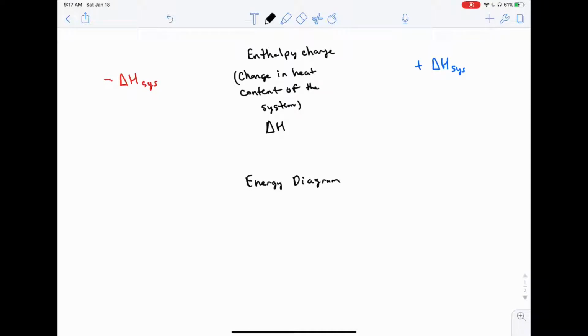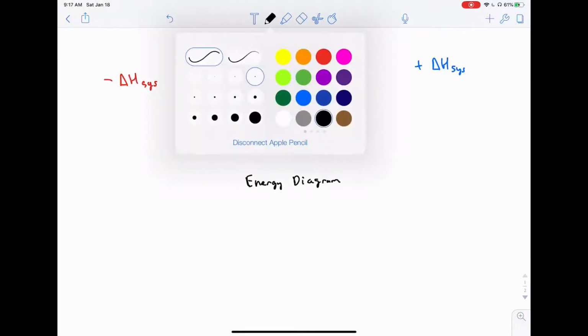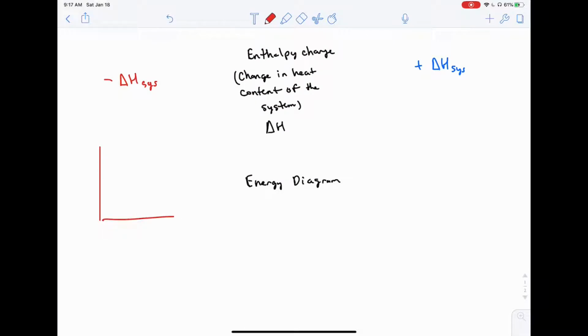The energy diagram. Okay, how we represent the energy of the reactants and the energy of the products in the system. So if we're talking about the heat content, and this is generally progress. It's not a time. It's just going from reactants to products. So don't think of this as a time unit. But in an exothermic reaction, your reactants start with a higher energy content, and the products end up with a lower energy content.